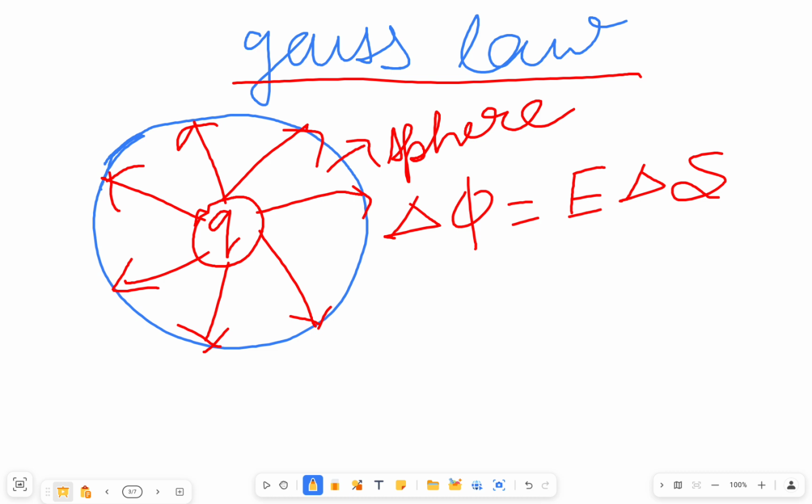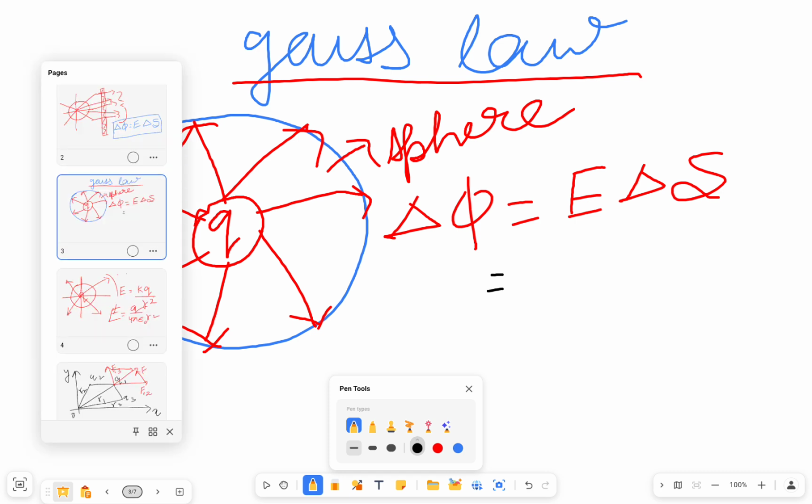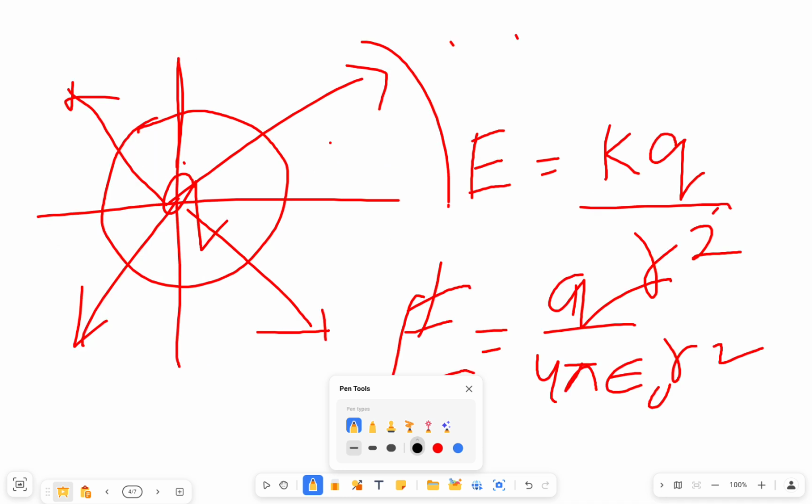In case of a sphere, let's derive the Gauss equation. Electric field we had already derived as electric field is equal to Q by 4 pi epsilon naught r square.